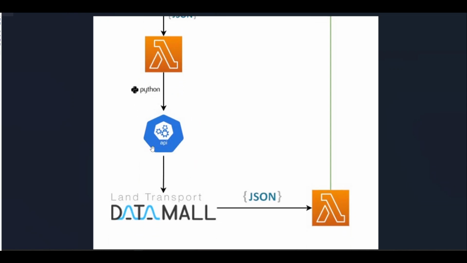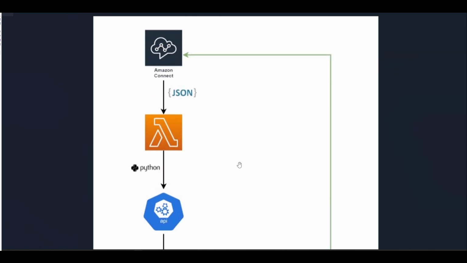Once we get the API data values, I'm using this Lambda function's Python code to manipulate the data into the format that I would like, and again using JSON format, I'm passing it back to Lambda and to Amazon Connect. So this is what I'm trying to achieve here.